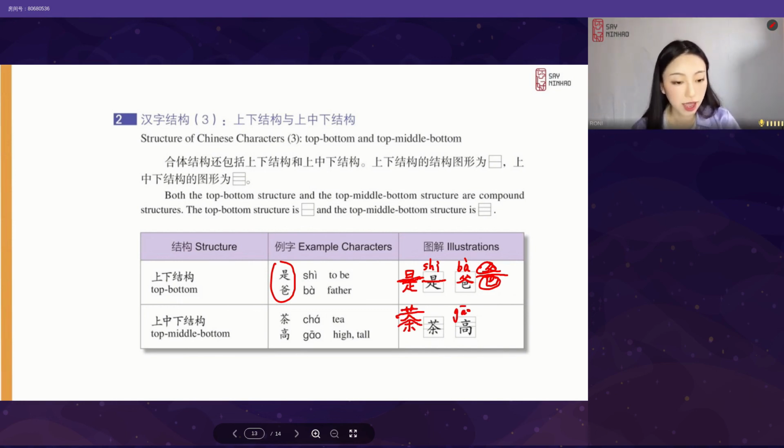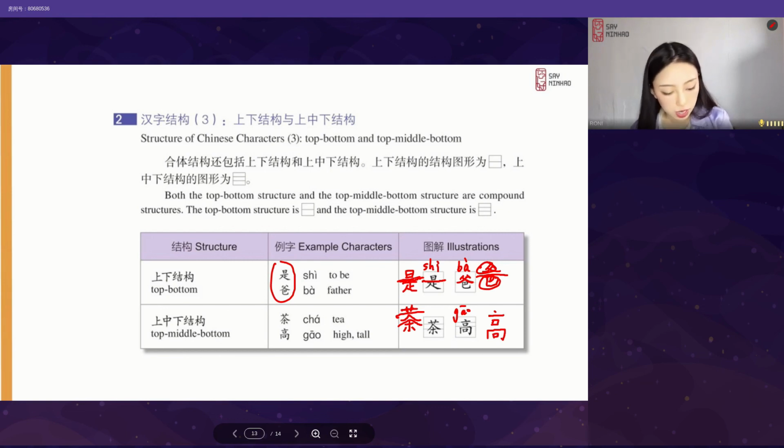Okay, let's write it and we can see how to separate this. So first is a dot and then a horizontal, and then this thing looks like a mouth, 口, and then this part. So try to tell me, can we separate it into three parts?